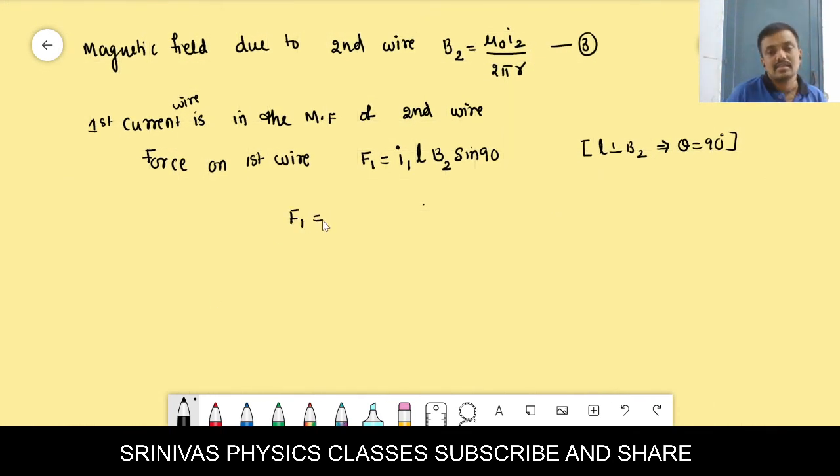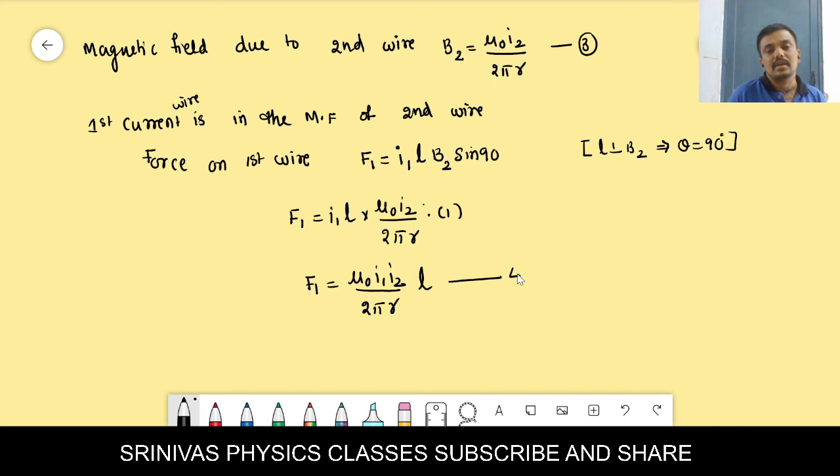Then F1 is equal to I1 L into B2, which is nu naught I2 by 2 pi r, into sin 90, whose value is 1. Then finally we get the F1 formula as nu naught I1 I2 by 2 pi r into L.